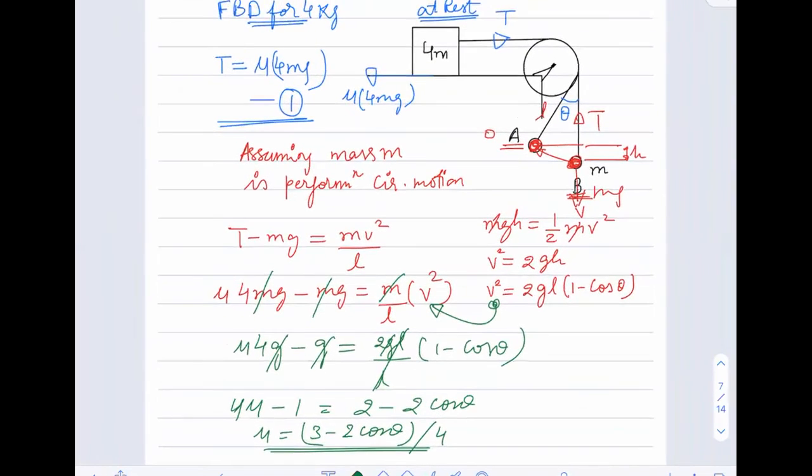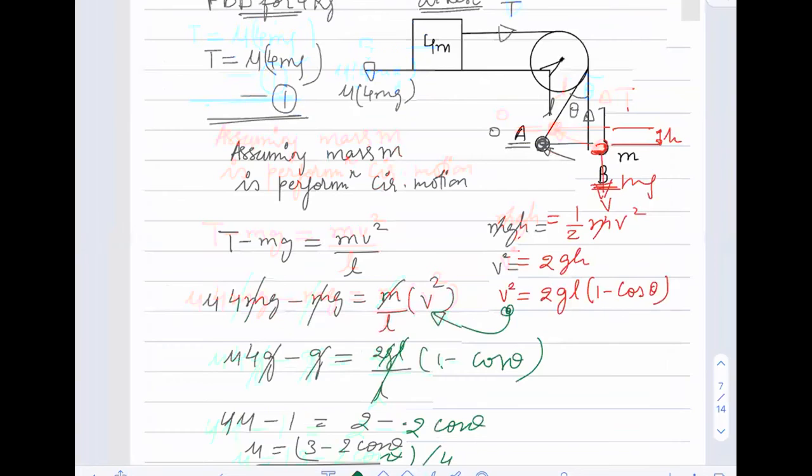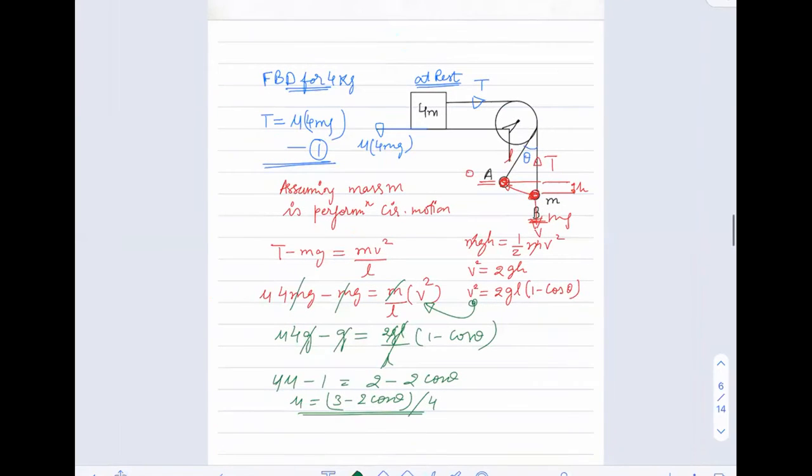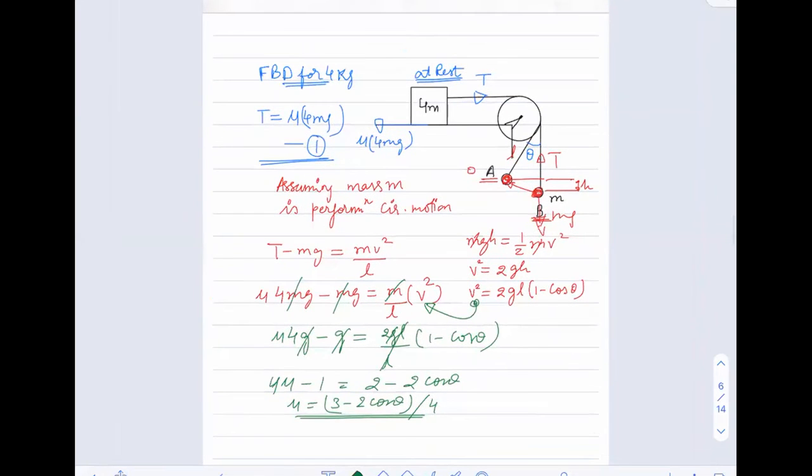Just check this solution. Let's check this solution here. If anybody has a doubt, let me know in the chat. Yeah, Oliver, you got it correct, D option. Yeah, it's correct, D option is correct.